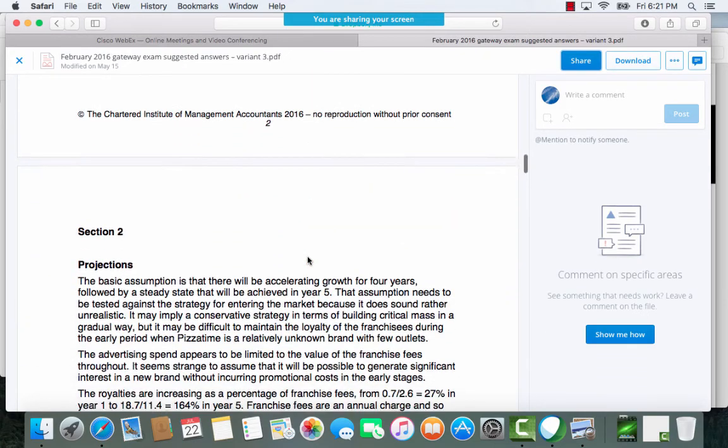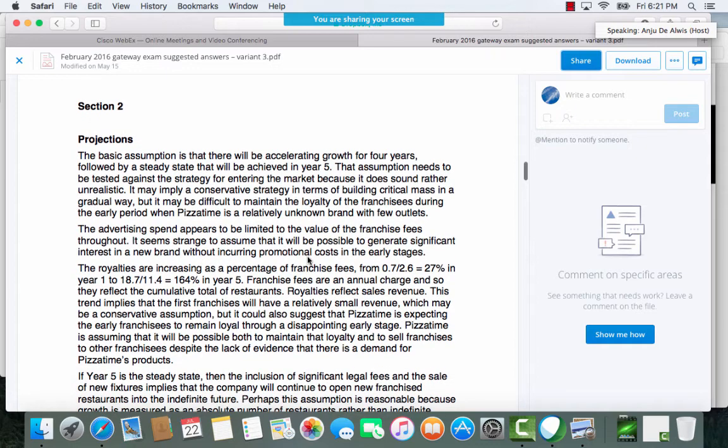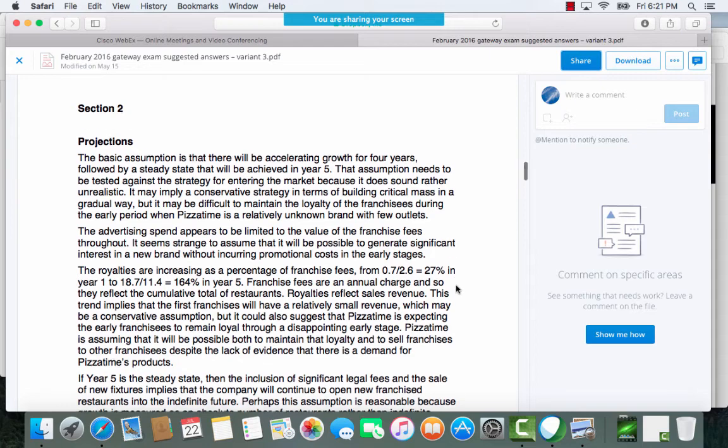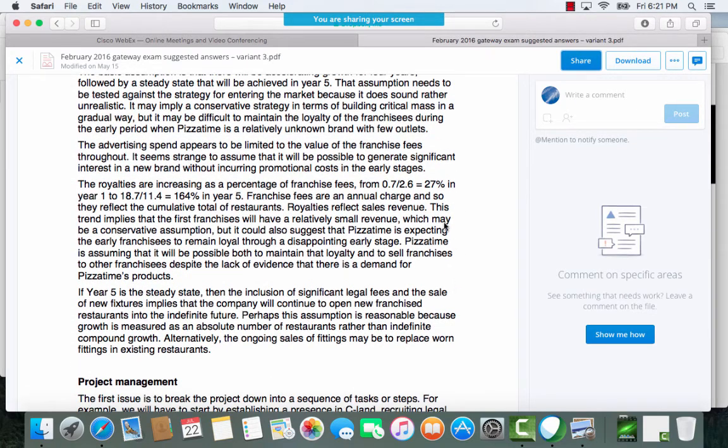So section 2, right? The basic assumptions are 4 years, and then from the 5th year it is unrealistic, right? I think, Trust, you mentioned that. So they're talking about this part of it. Then you mentioned the royalties.